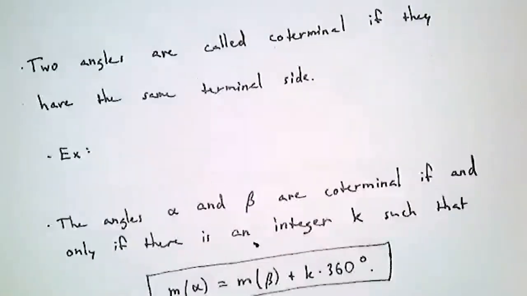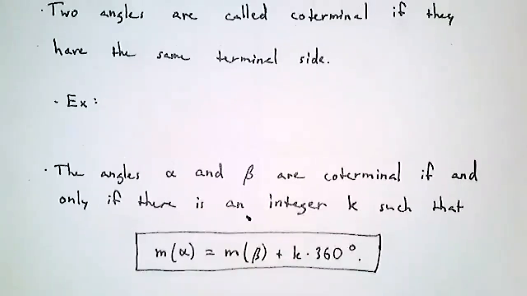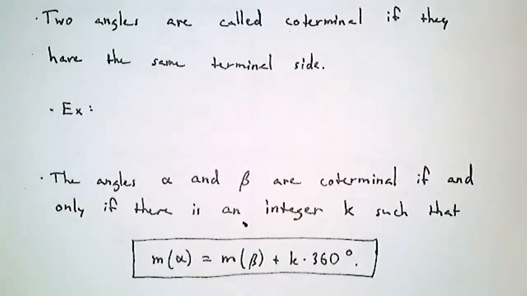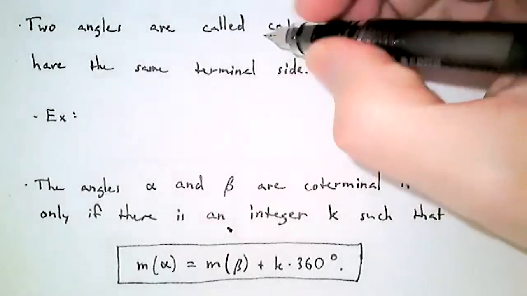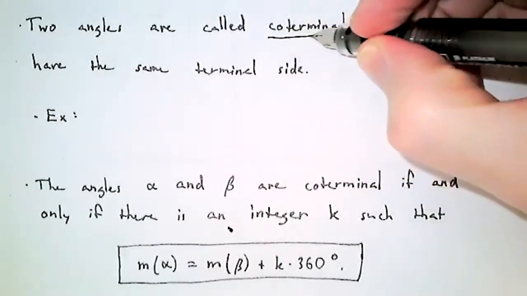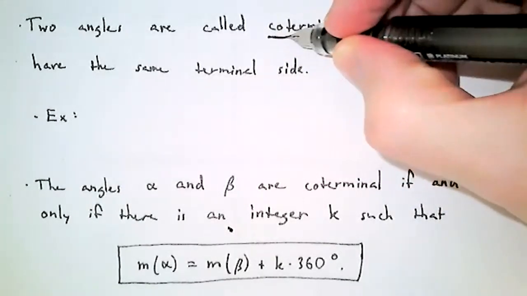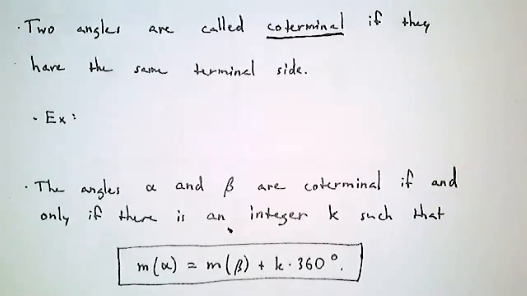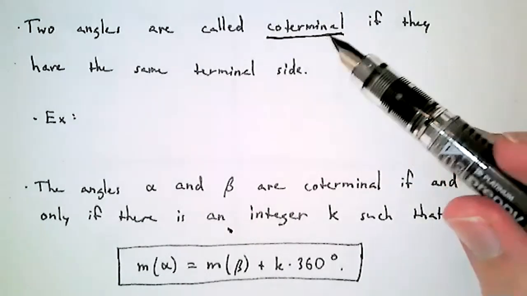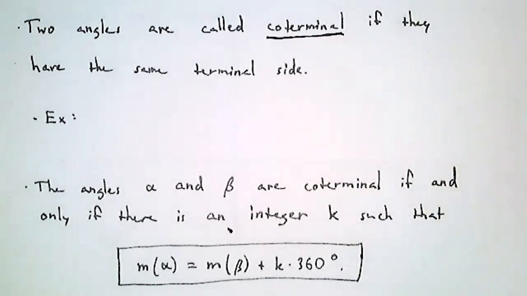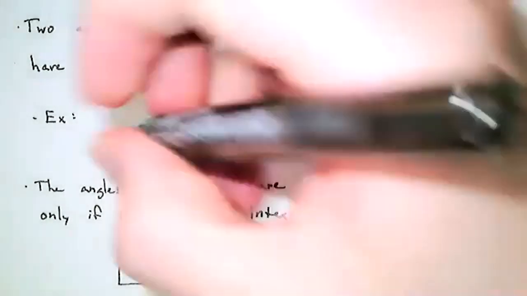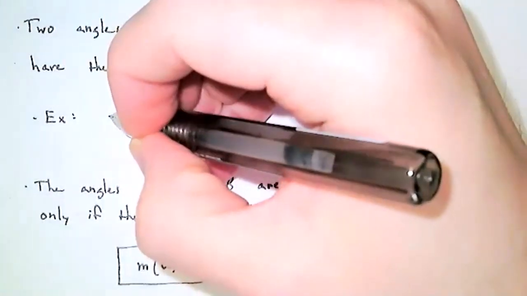So we'll move right along to what are called coterminal angles. Okay, so this might sound like a complicated idea because, well, there's this complicated term. Two angles are called coterminal if they have the same terminal side. But this idea is actually very simple once you start looking at pictures.